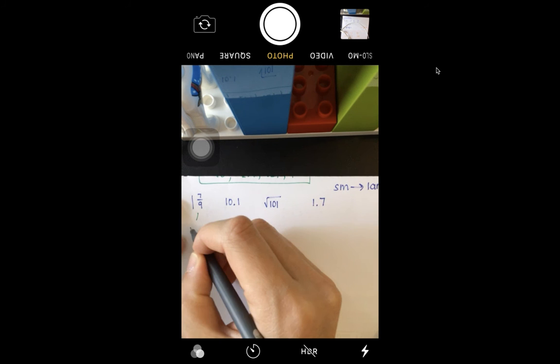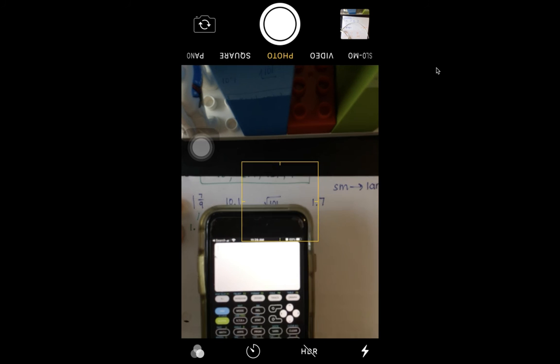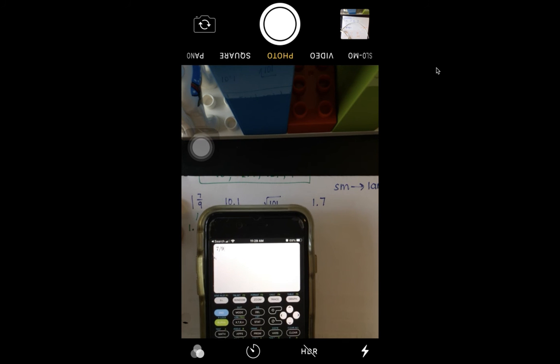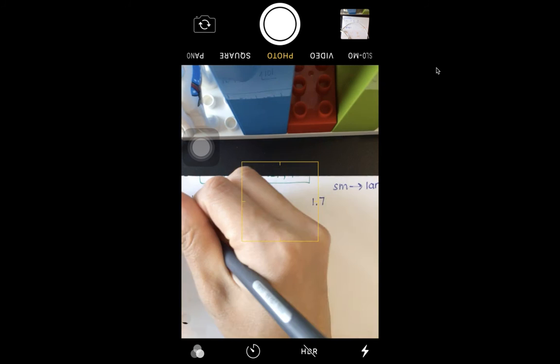So 1 7/9 is 1 point something, right? Because the one is the whole number. So all you have to do is divide 7 divided by 9. The 7 goes on top because it's written first, and the 9 goes on the bottom because it's written second. So it's 0.7 repeated. Remember how I said let's just round to two digits. So that's 0.78, so it's actually 1.78.